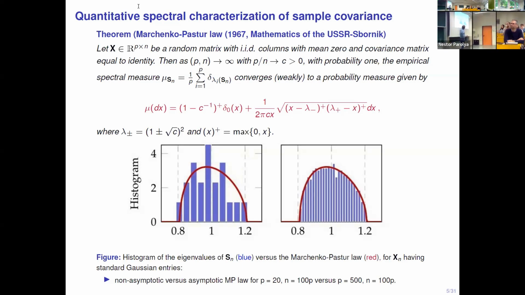If you increase p and n, you'll see this very nicely shaped density. This is maybe very basic random matrix theory, but this Marchenko-Pastur law plays a role in the theory I do, like the central limit theorem or law of large numbers. So it's a very important thing.